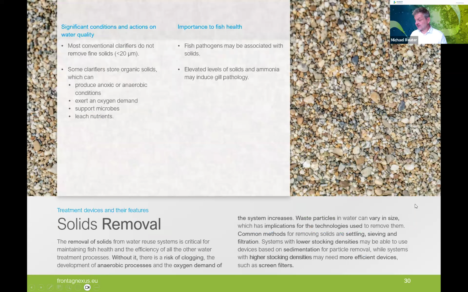So first step, as I said, would be solid removal. Most of the conventional clarifiers don't remove fine solids, but that's not really a problem if we take care of them in later steps.